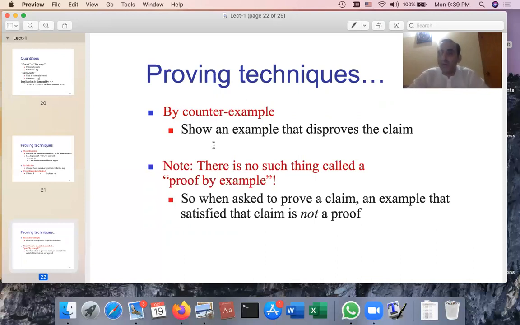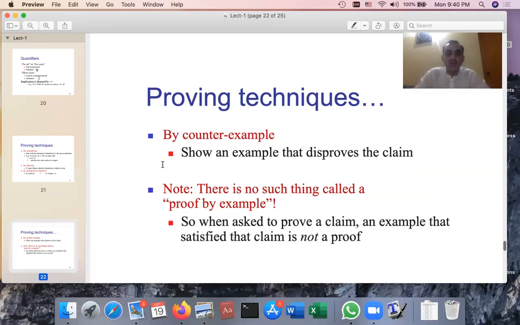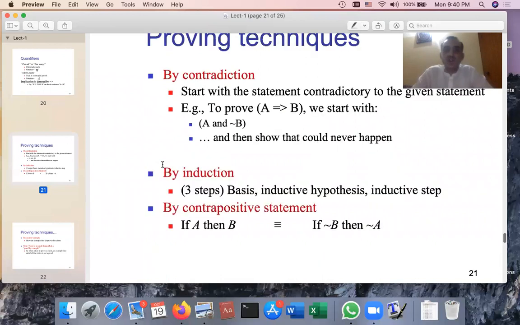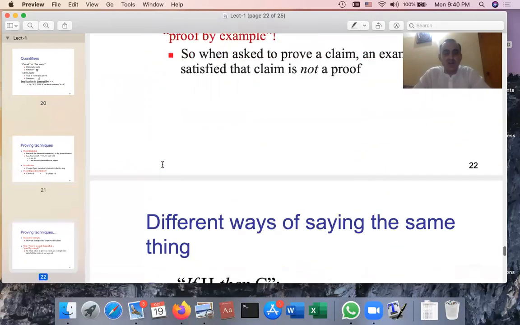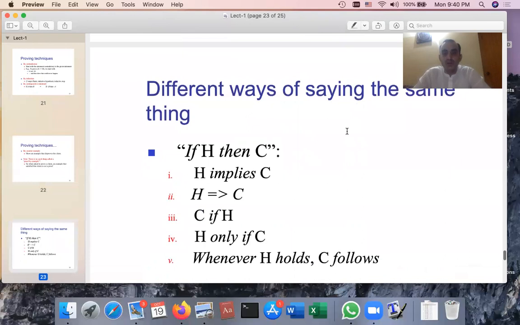No, for proving, counter example is not enough. Counter example is used only for disproving or negating something. For proving something, counter example is not a method. You have to come up with proper steps and proper methods that you have already seen, for example contrapositive, induction or contradiction.